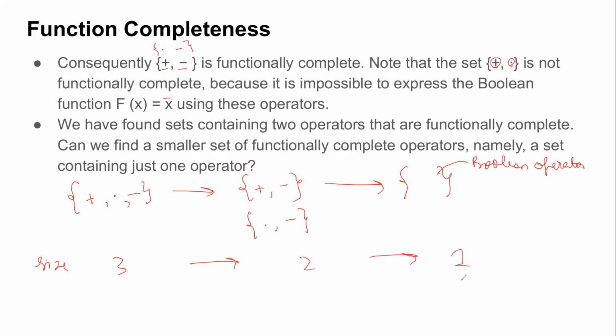Can there be a functionally complete set which represents all the operations of your Boolean algebra and it's just a single operator? Is it possible? No? Think a little harder. It may not be a direct one. It may be some indirect ones which we have studied.